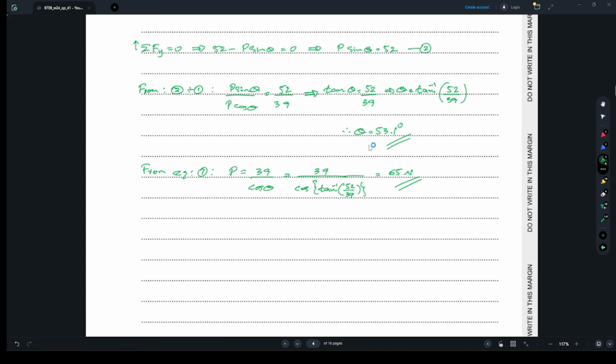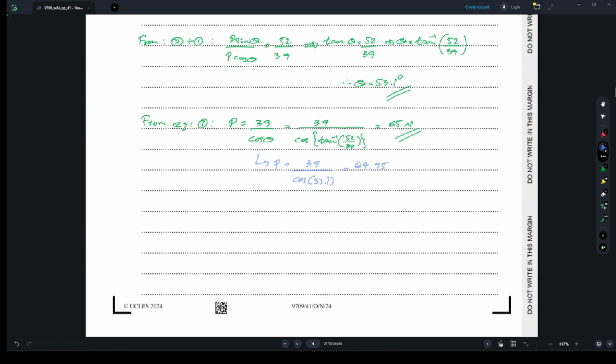If I write 39 divided by cos 53.1, then you will receive 64.95 and so on. So still yes, we can round up this one. So keep that in mind. Okay, so the answer is 65 here.